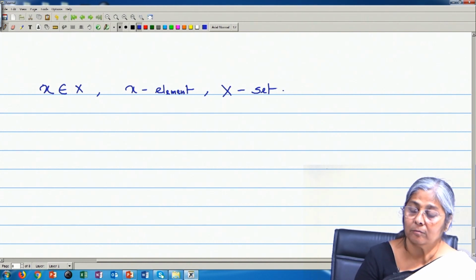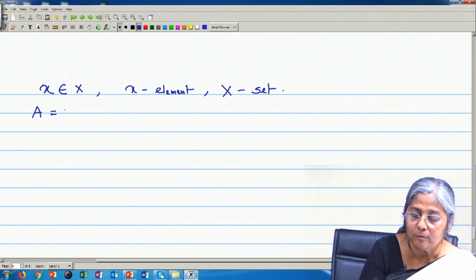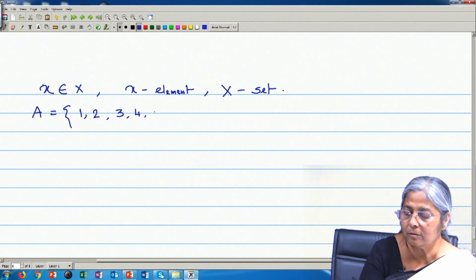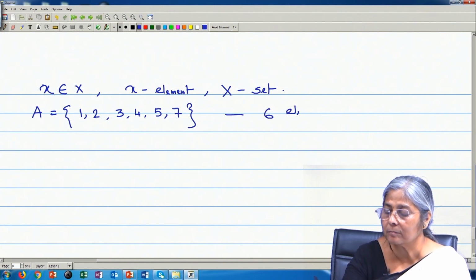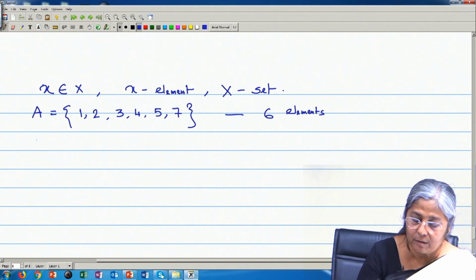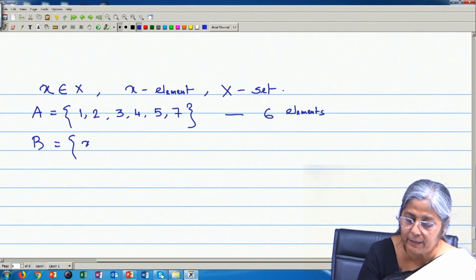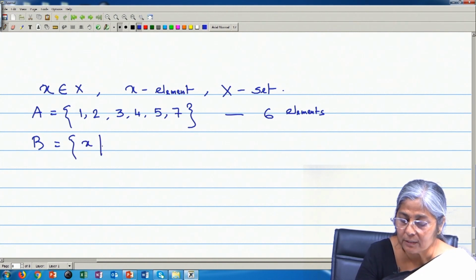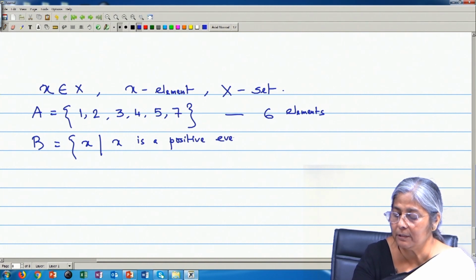Now, just now I gave an example of a set A which has only 6 elements, 1, 2, 3, 5, 7 and so on. There can also be 60 elements, and I can take x such that x is a positive even integer.